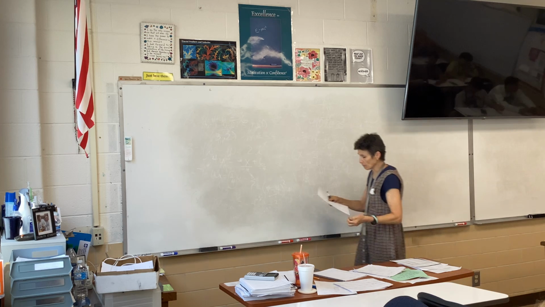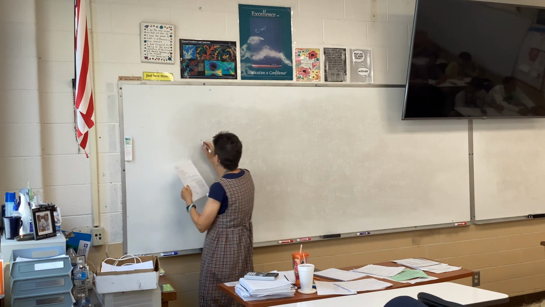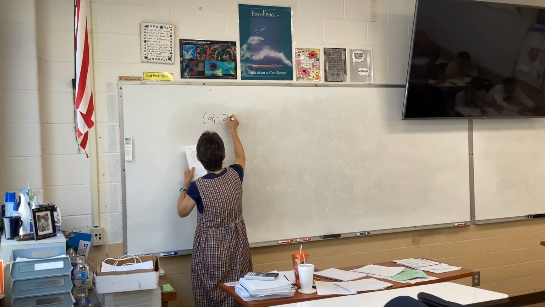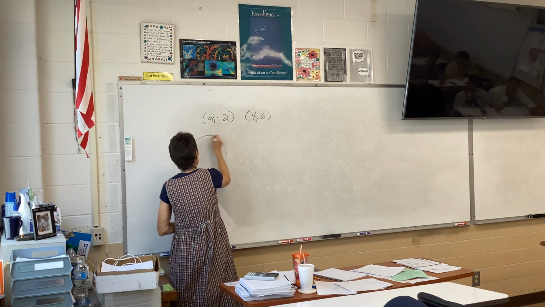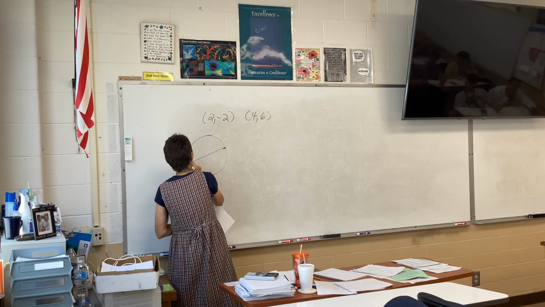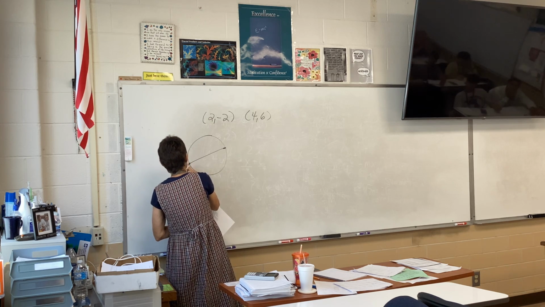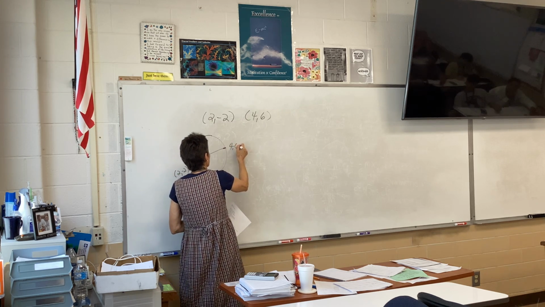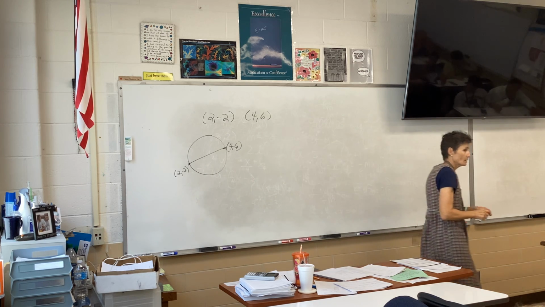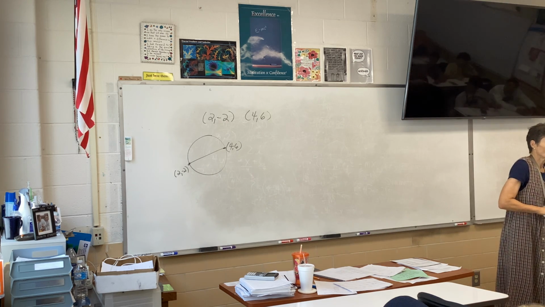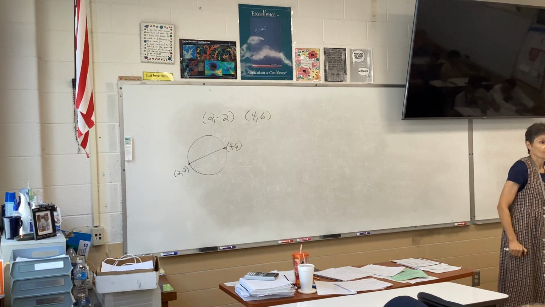This is a different question, but it involves a circle and a couple of other concepts. The scenario is this: we have a diameter, and these are the endpoints of the diameter. We're going to write the equation of the circle. This is question 4B on the review sheet.